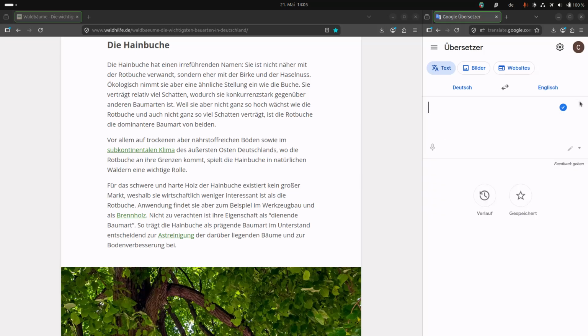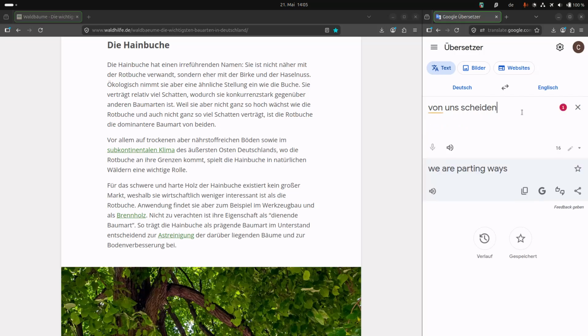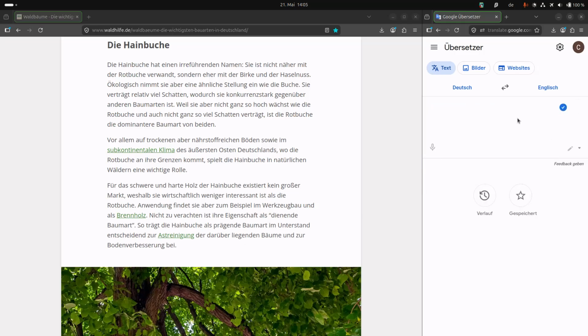And for example, there's this kind of phrase, von uns scheiden, when someone is parting ways or dying, basically. And from us in this case, rhetorically. And entscheidend, decidingly. Entscheiden means decide, basically. So entscheidend, decidingly.